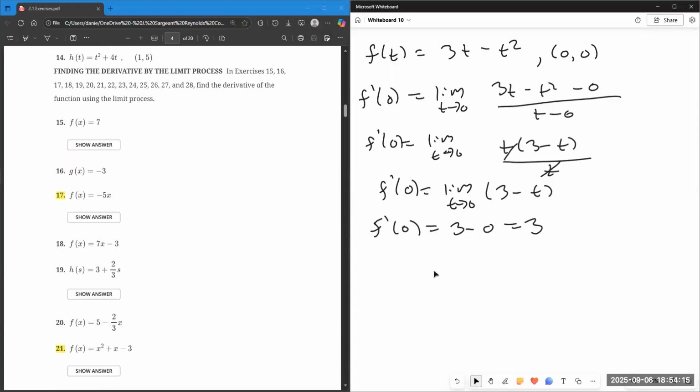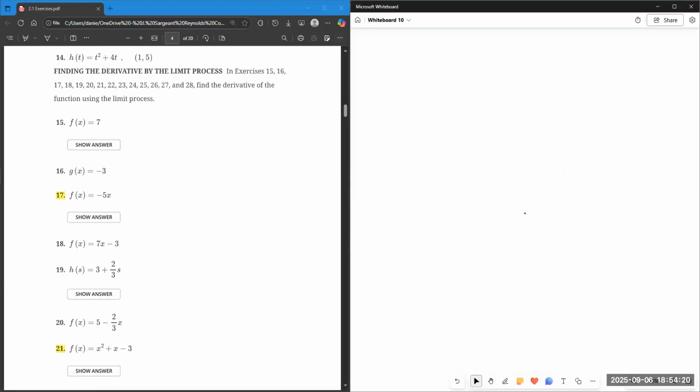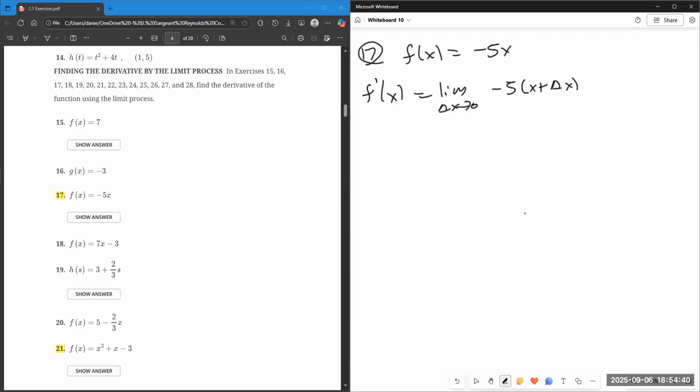Let's look now at number 17. They want us to use the limit process to find the derivative. So f of x is equal to -5x. So f prime of x is equal to the limit as delta x goes to 0 of f of x plus delta x minus f of x over delta x.